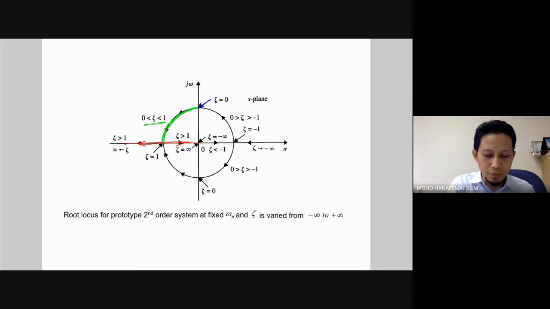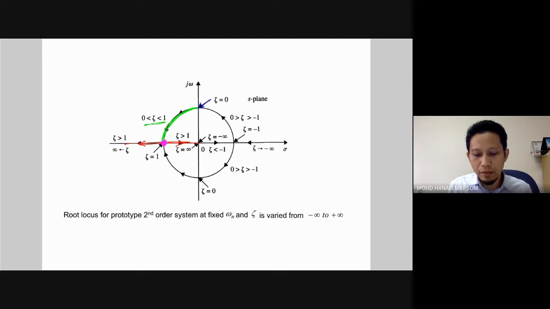Before it splits, it will have one location where we have two poles at the same location, where at this point zeta equals 1. So at this point it is critically damped.